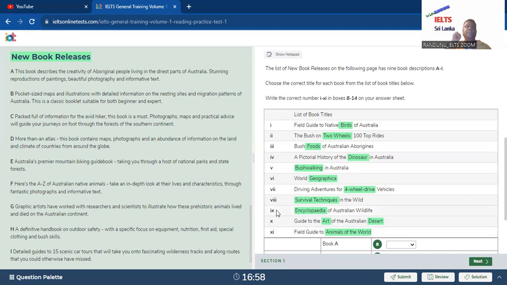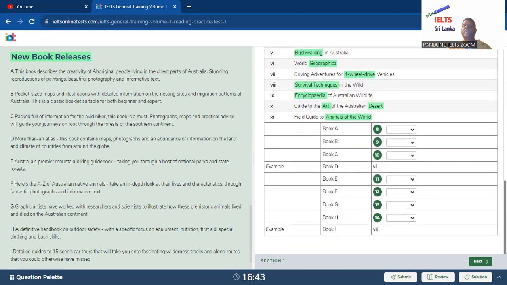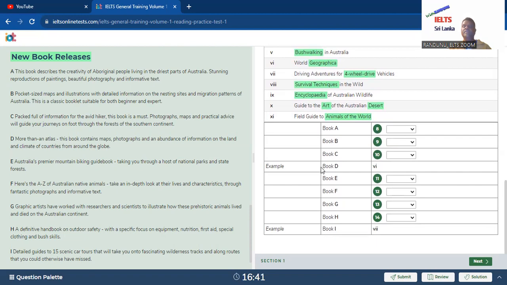So these are the titles that you have read and understood, you have circled them, you have underlined them, and you have some idea about the titles, right? But when you come down a little bit, you will see they have already done 2 of them as examples. So D is for 6, I is for 7.